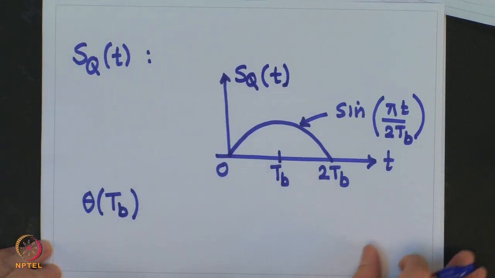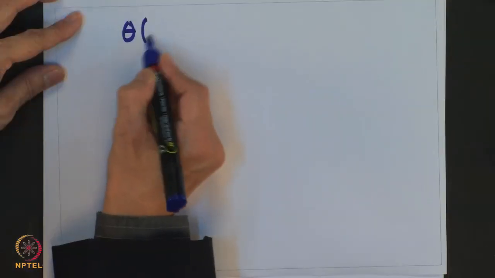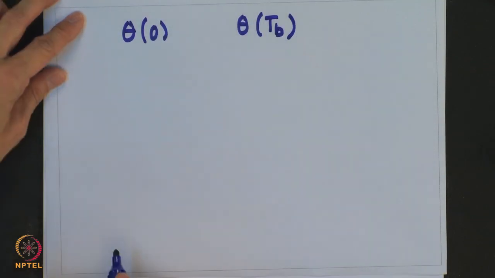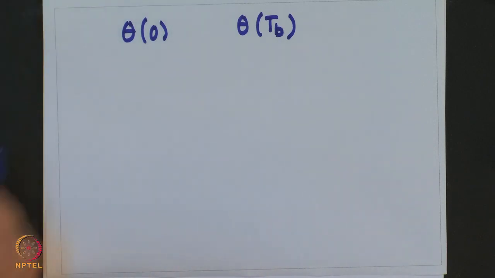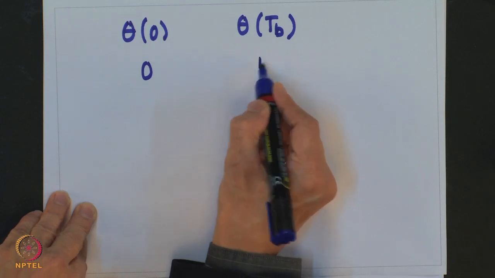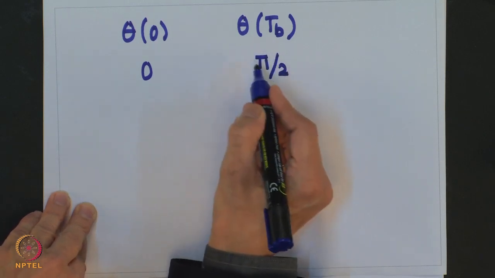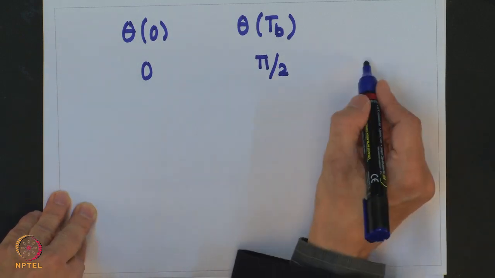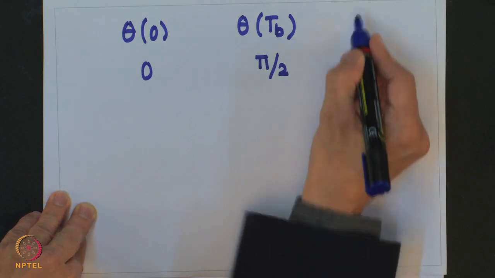So, from our discussions, we see that theta 0 and theta Tb each can assume two possible values. So, we have theta 0 and theta Tb. This could take the value say 0, and this could take value say pi by 2. In this case, the transmission is of symbol 1.